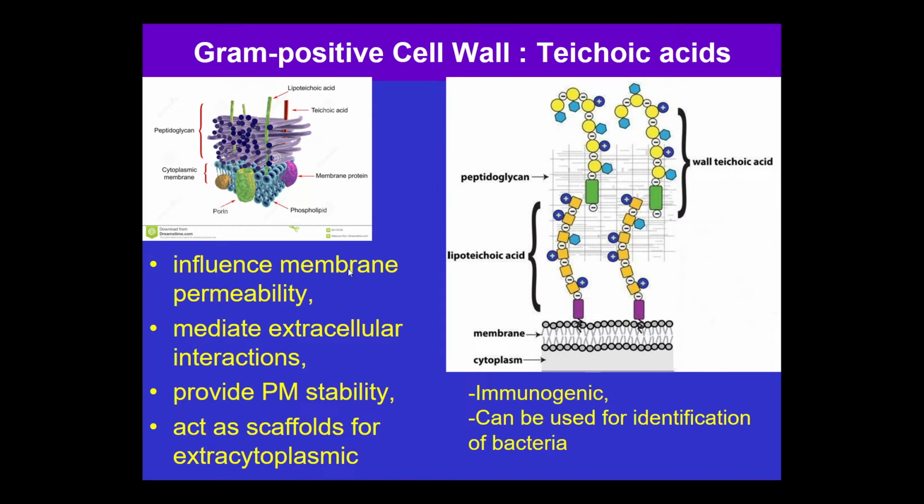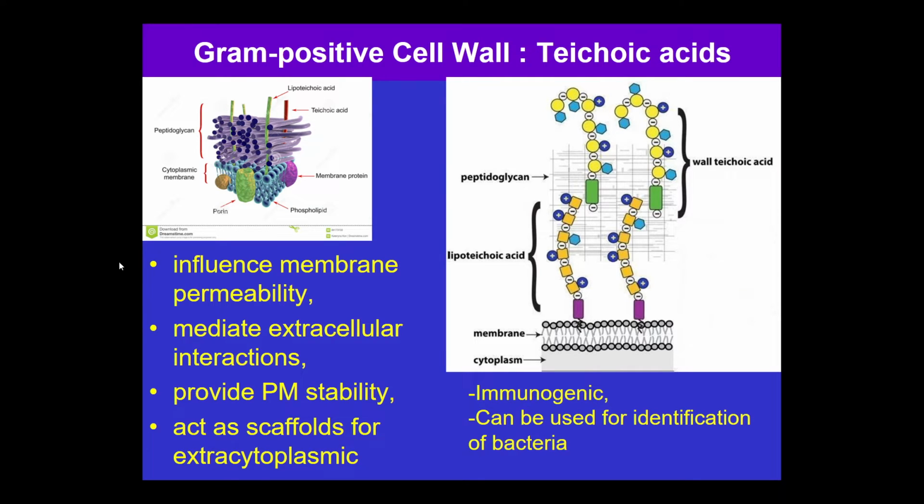And here you can see that a very important portion of the gram-positive bacterial cell wall are wall teichoic acids that are anchored in the peptidoglycan and lipoteichoic acids that are anchored in the phospholipid bilayer. They're important for several reasons. They're important for us because they are immunogenic, so we get antibodies against these teichoic or lipoteichoic acids. They can be used for identification of unknown bacteria because they are species specific.